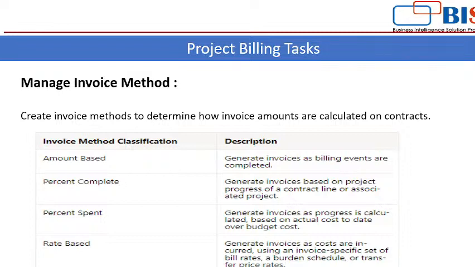It generates an invoice as progress is calculated based on actual cost to date over budget cost. In the last one, that is rate based, it generates an invoice as costs are incurred using an invoice specific set of bill rates, a burden schedule, or transfer price rates. So we will move to our application and we will create 4 types of invoice method in the application.